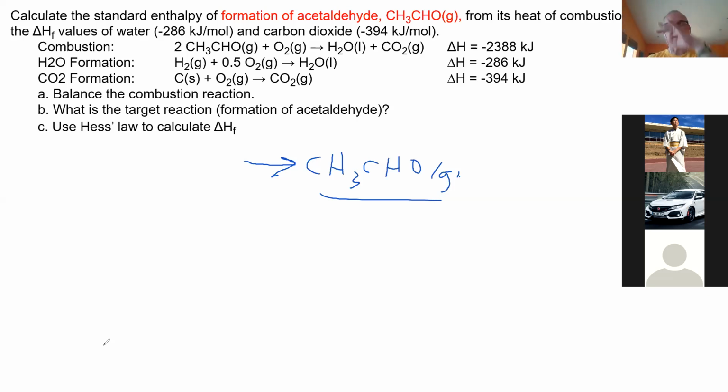I have to go back into the hazy past from a whole chapter ago. What are my reactants? I need carbon, I need oxygen, I need hydrogen. So the question is, what form?